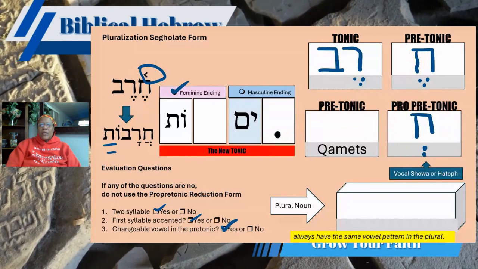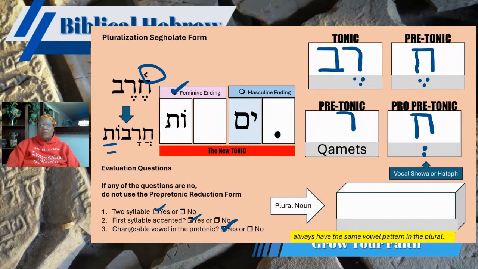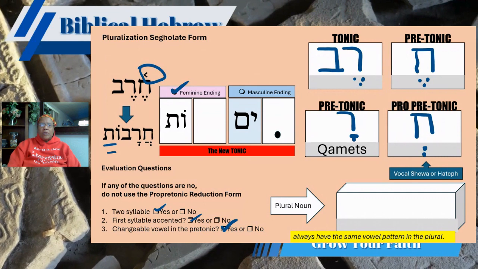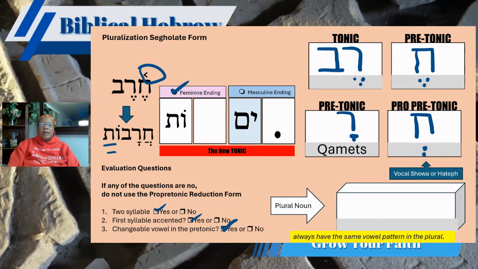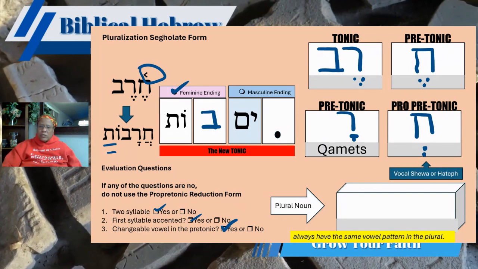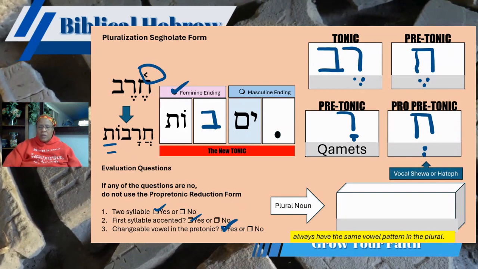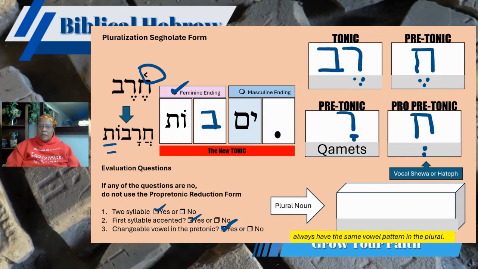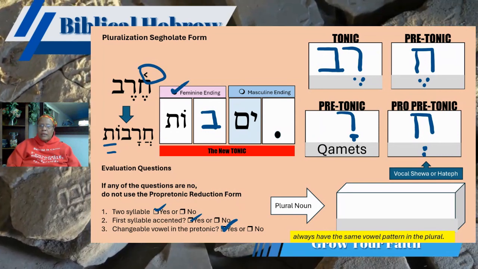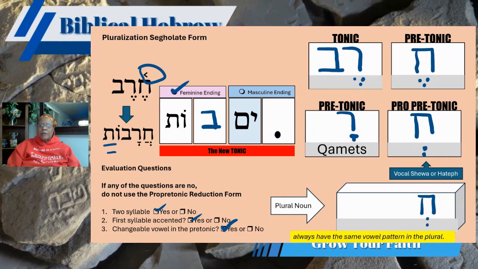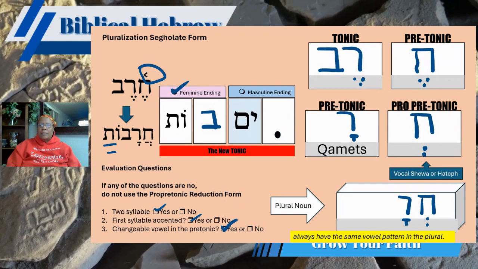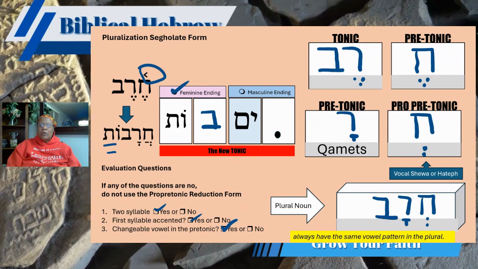Then we have the resh with a kamats according to the rule, and we're going to pull this vet over in the new tonic area, and that's all we do. Now we're ready to actually write the word, and we've got the chet, ra, va, ot.